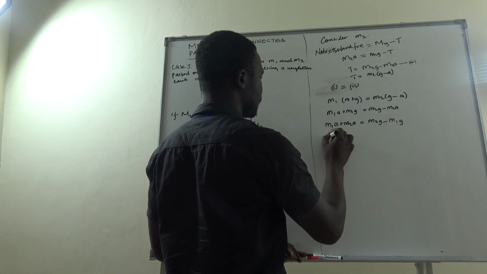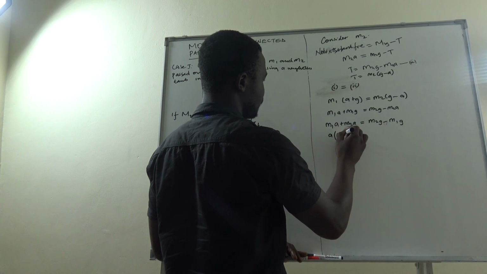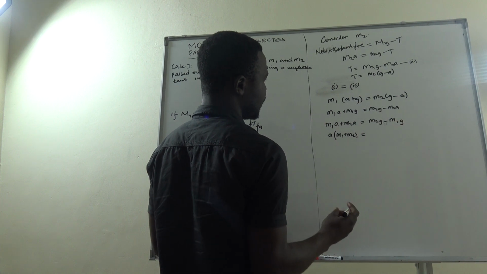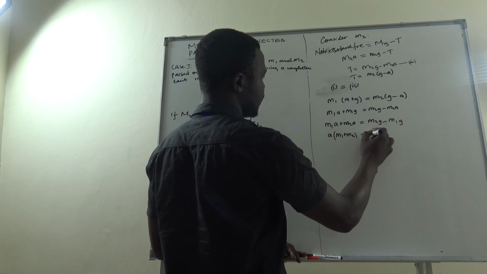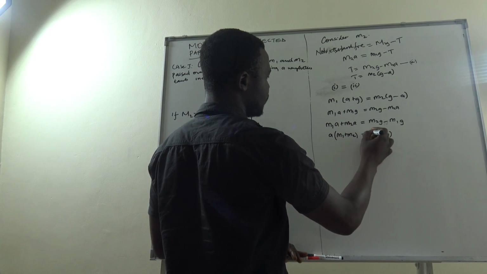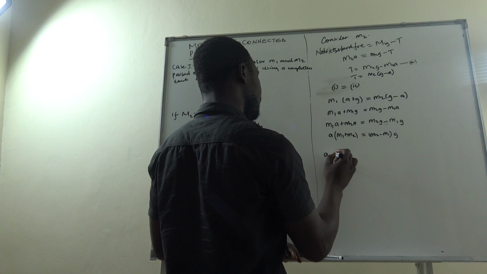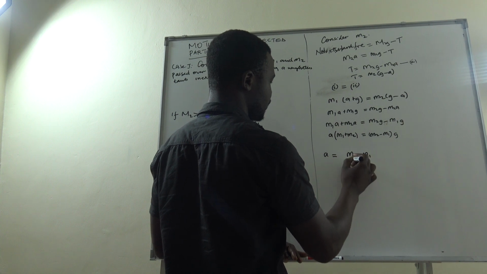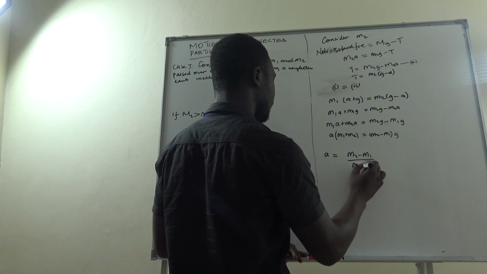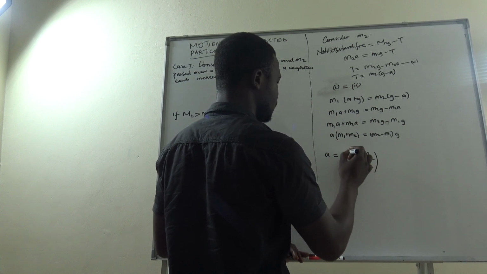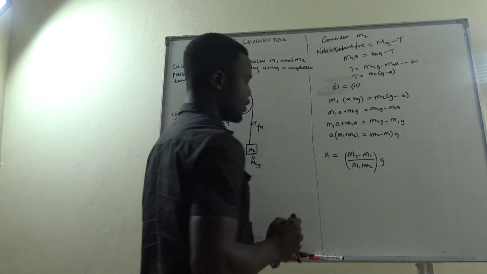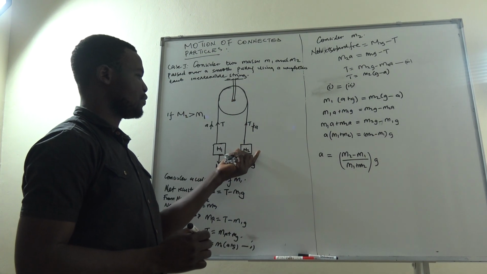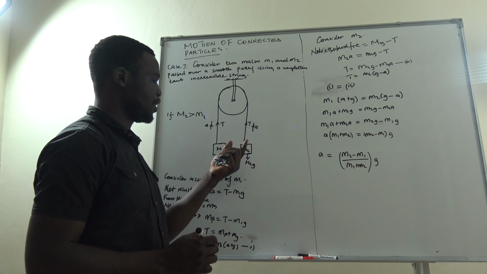Now, A is common. We pull A outside. This is M1 plus M2 times A, equal to M2 minus M1 into G. So if we make A the subject of this formula, we get A equals M2 minus M1 over M1 plus M2, times G, and this gives us the acceleration of this body if it is M2 that was pulling.